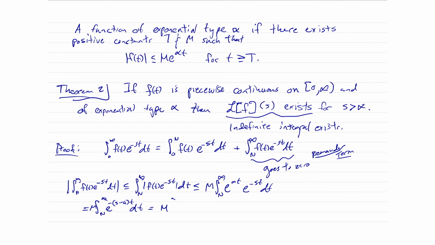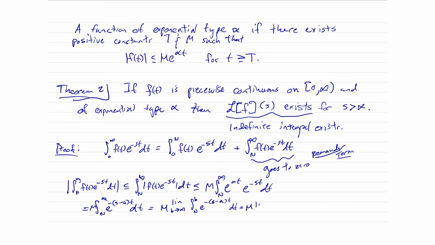what I need here is I need to turn it into a limit. So it's going to be a limit as b goes to infinity, not n now, but something else, say little b goes to infinity of the integral from n to b of e to the minus (s minus a)t dt, and we can go ahead and integrate this.